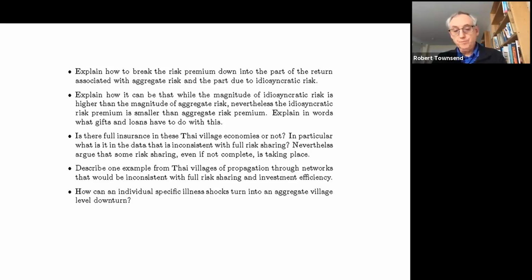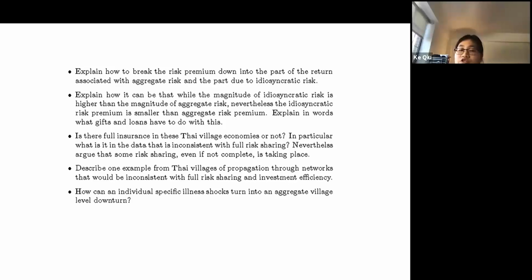So if there was full risk sharing, then there would be no effect on the employment for the household who did not get any shock. Network was a factor: those households who did not get any shock are more related to the households with illness.